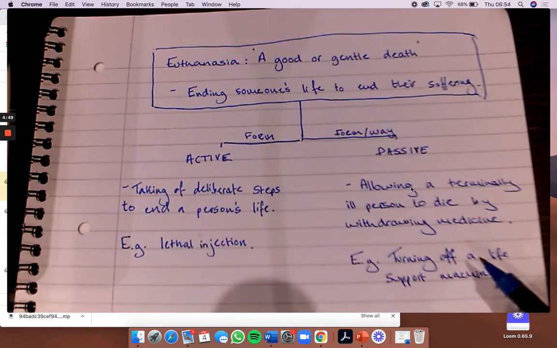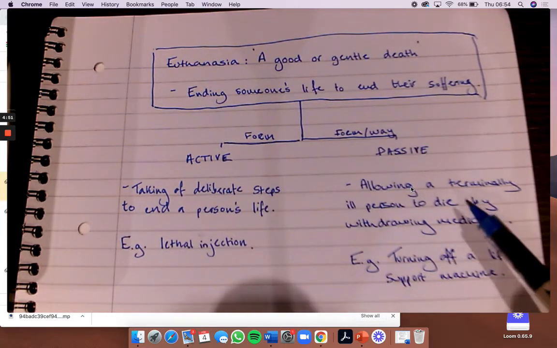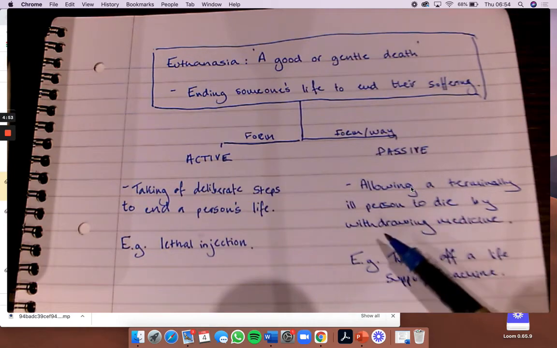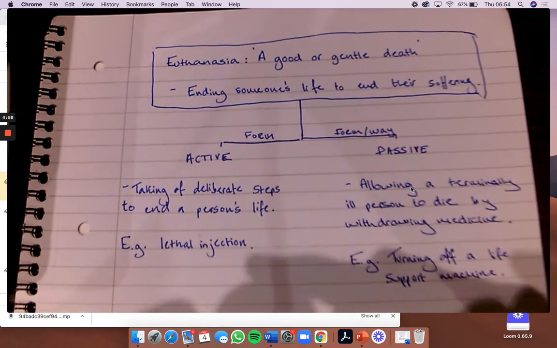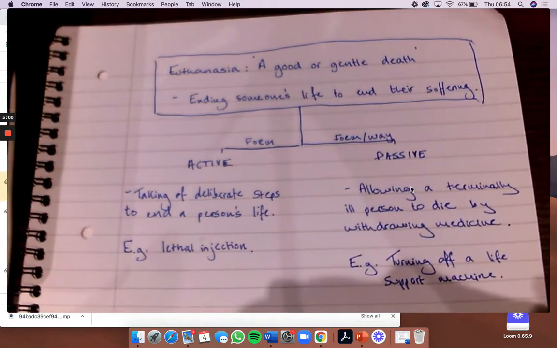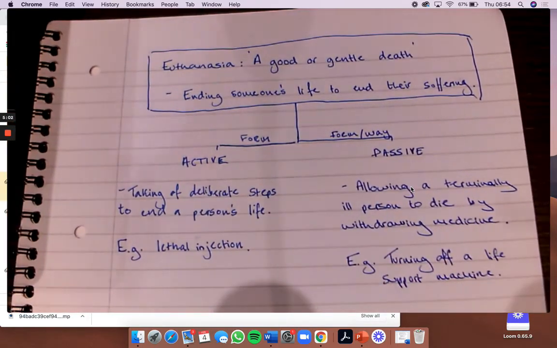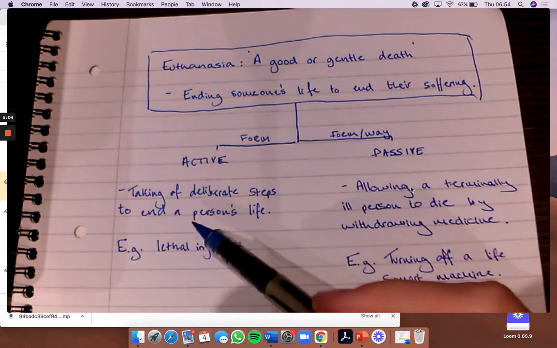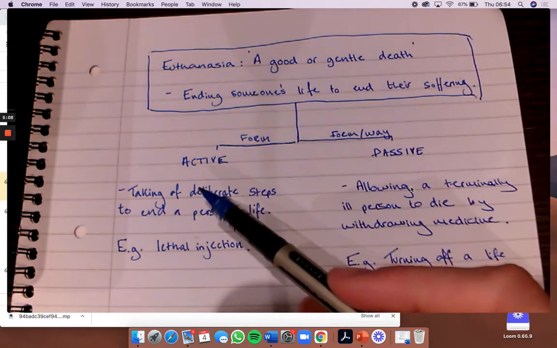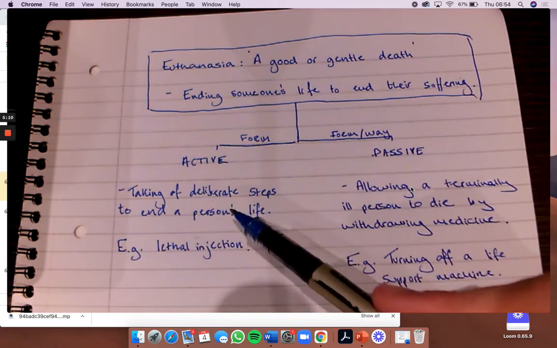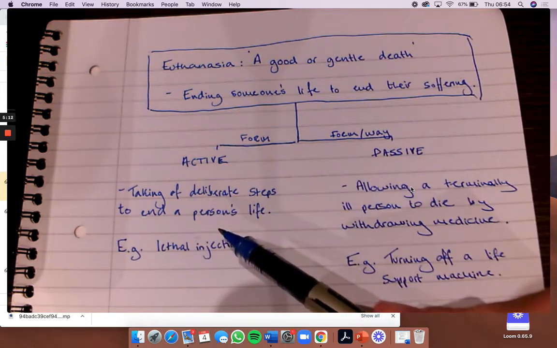The key difference here is that passive euthanasia is you are withholding medicine, whereas active euthanasia, you are giving something which takes a deliberate step to end a person's life.